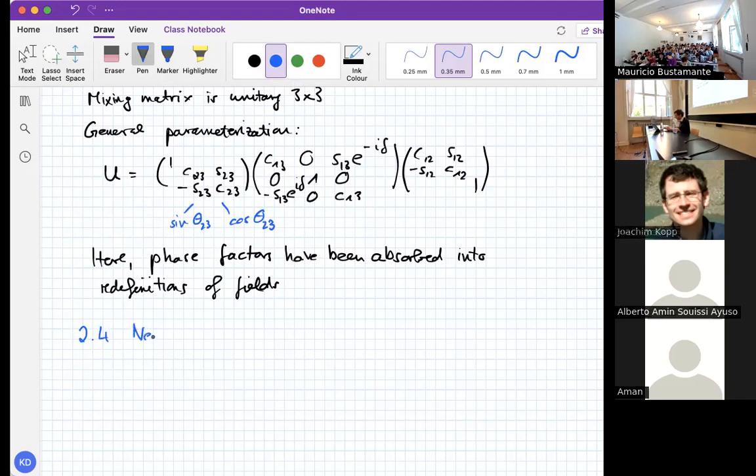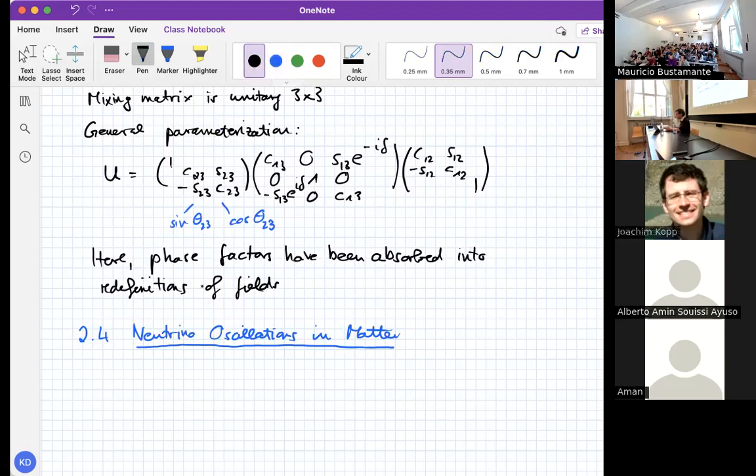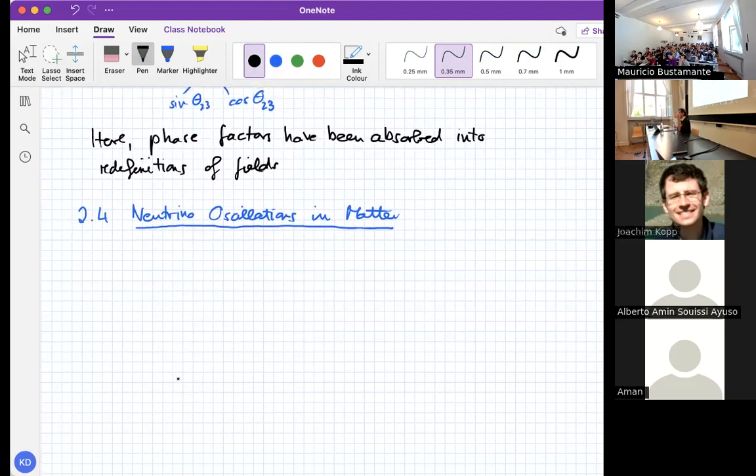So neutrino oscillations in matter. Okay, so what happens when neutrinos travel through matter?